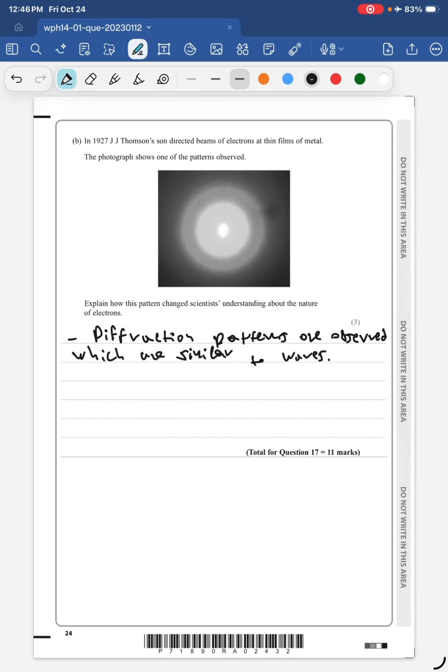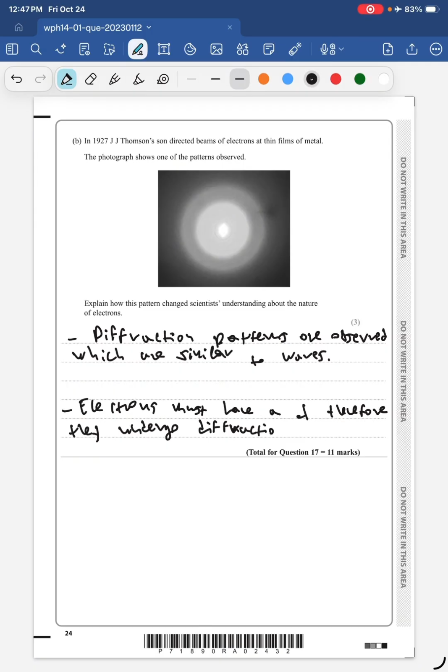So electrons must have a wavelength, therefore they undergo diffraction. So electrons behave as waves.